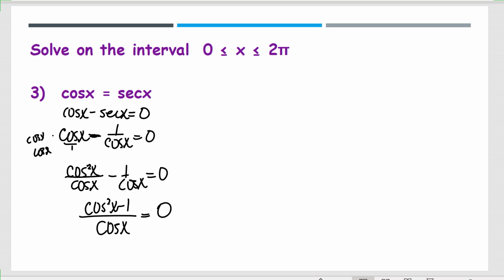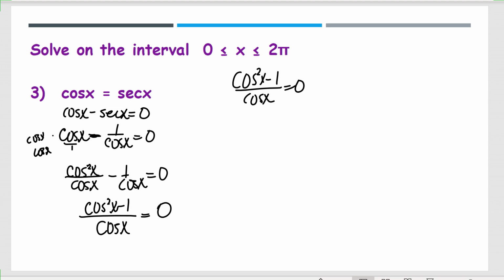And now we can get the trig function by itself so that we can solve. Okay, so we have cosine squared of x minus 1 all over cosine of x equals 0.